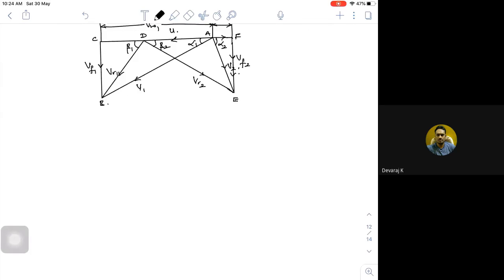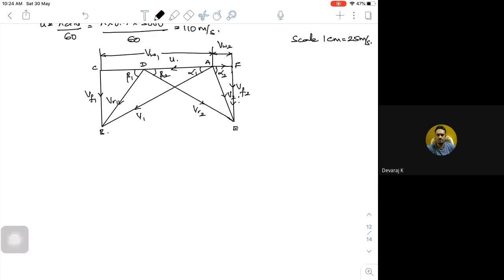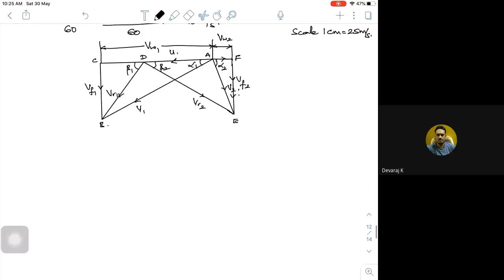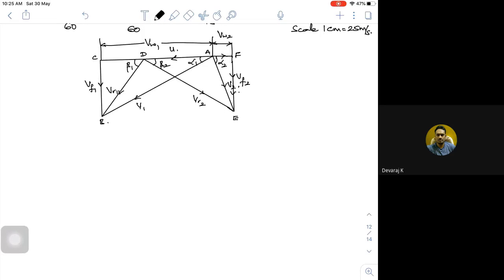Beta 1. So now, beta 1 if I want to find, I can find it graphically or I can find it using trigonometry. If I want to find the beta 1, what do I need to do the calculations? So if I take this as x, so x is equal to VW1 minus u.